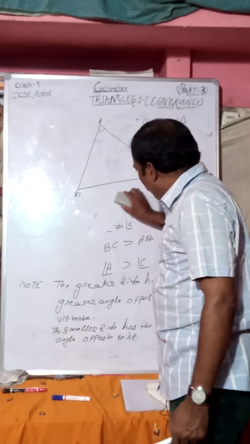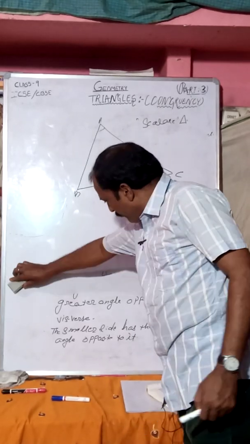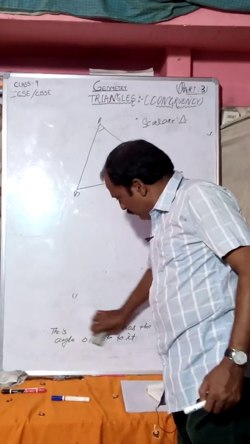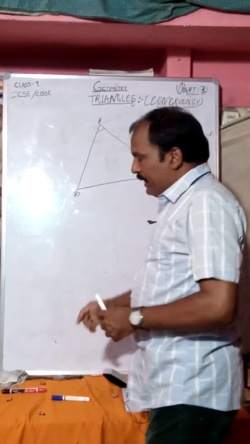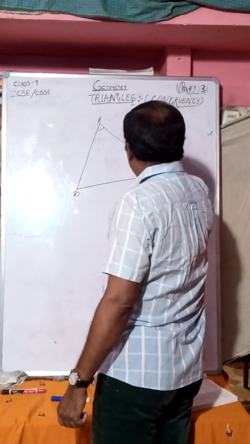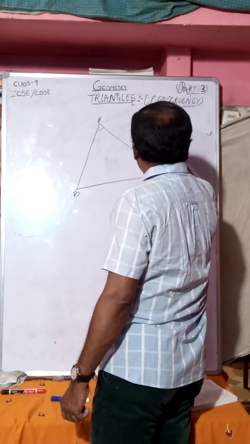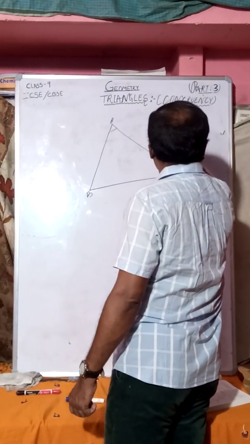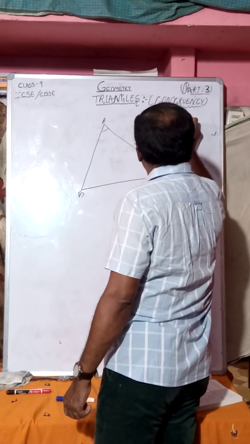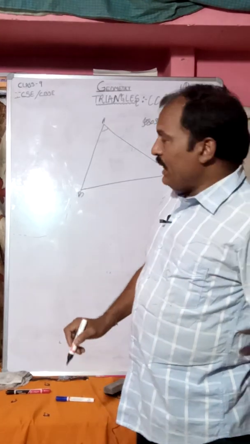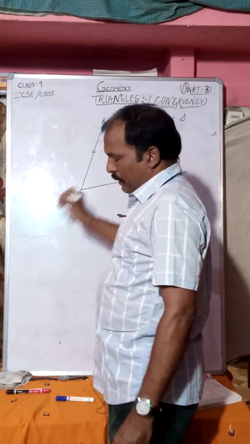Then we discuss about isosceles triangle. If this is an isosceles triangle, it means two sides equal.